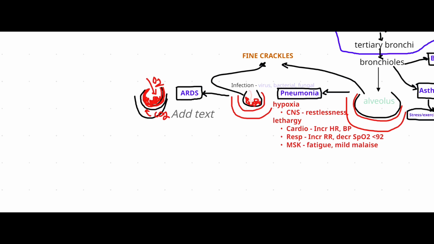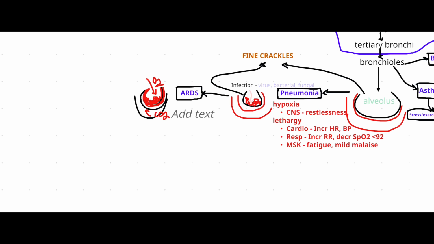Mild hypoxia is less than 80 PaO2. Moderate hypoxia is less than 60 PaO2. Severe hypoxia, now we're at 40 PaO2, really bad. Okay. So this is separate. This is just oxygenation, right?